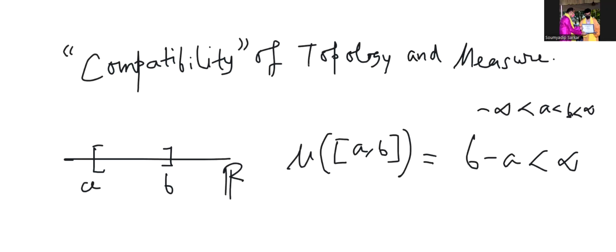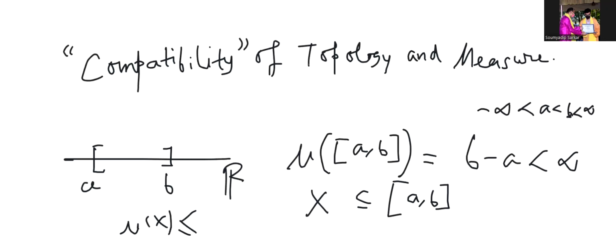So I can put any compact set inside some big closed interval, and then the measure of my compact set X will be less than or equal to the measure of the closed interval AB, which is obviously finite, which is in fact B minus A. So basically, the first important thing is that the measure of any compact set is finite. So that is the first thing.